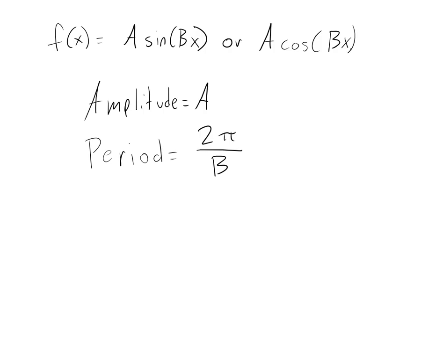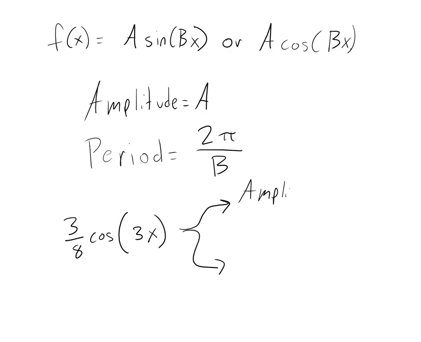So if we get something like, I don't know, let's go 3 over 8 cosine of 3x. We know the amplitude is 3 over 8. And what is the period?